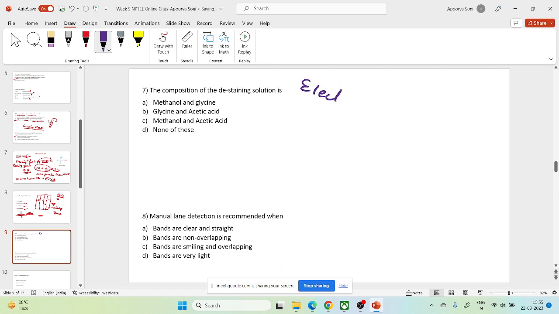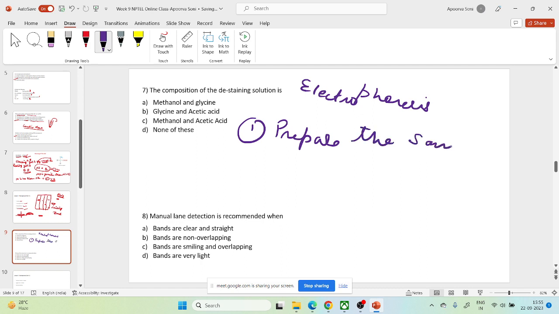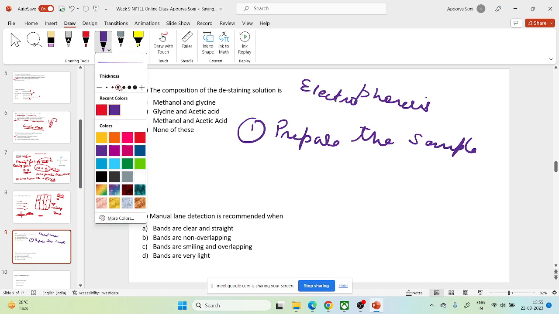We talk about the basics of electrophoresis. I'm really sorry for my bad handwriting. You have to prepare the sample in loading dye, which has SDS, beta mercaptoethanol and glycerol.